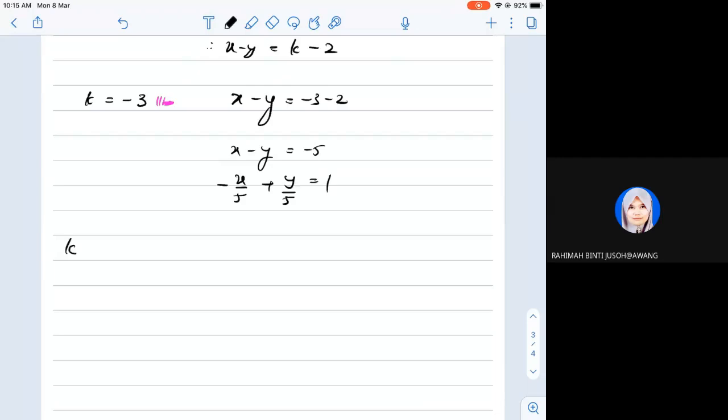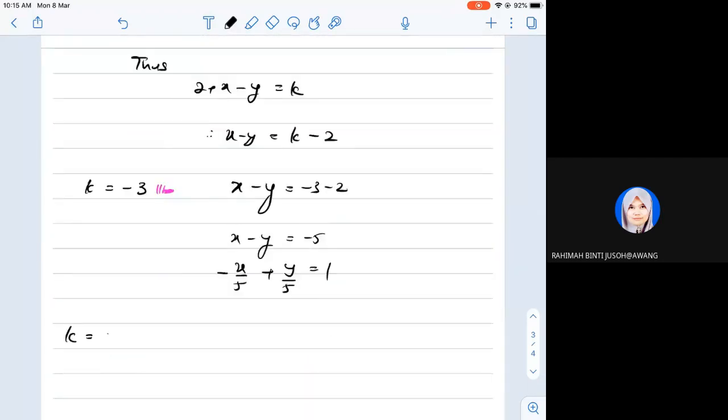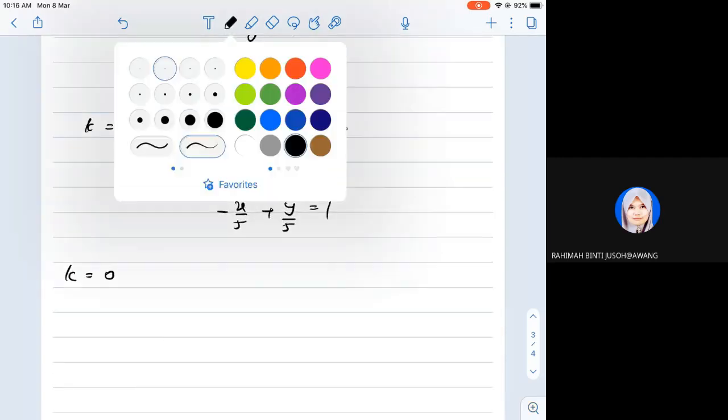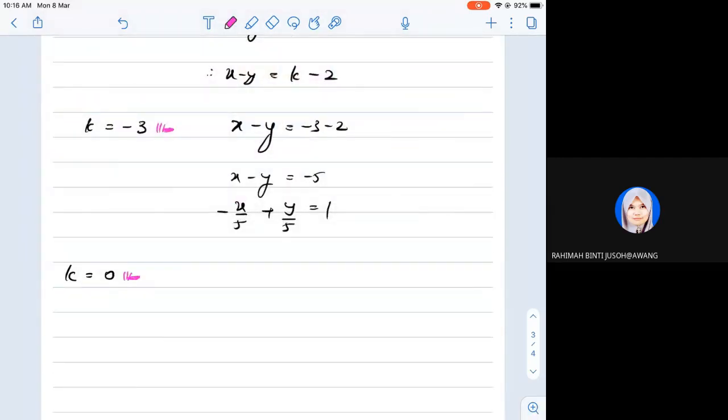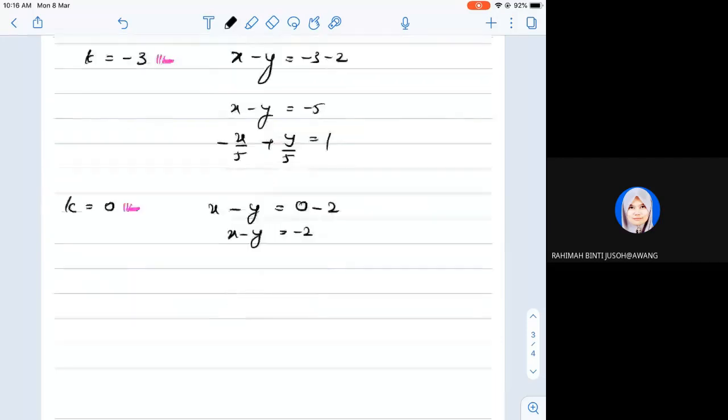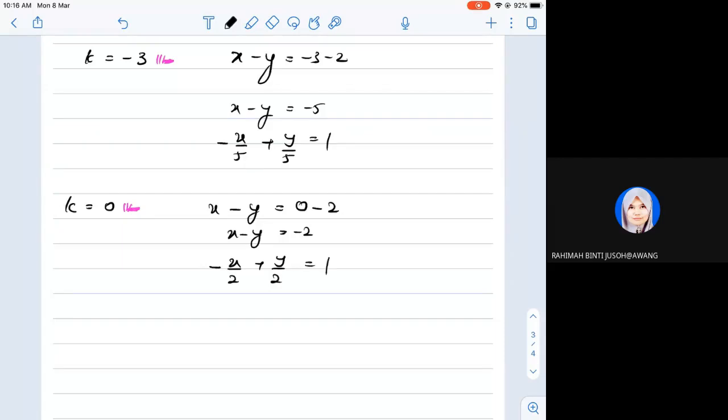And then keep continuing it. So k equals to berapa pula? 0. So k equals to 0, we will have x minus y equals to 0 minus 2 lah. So we will have x minus y equals to negative 2. So kalau you use the intercept form, negative x over 2 plus y over 2 equals to 1.